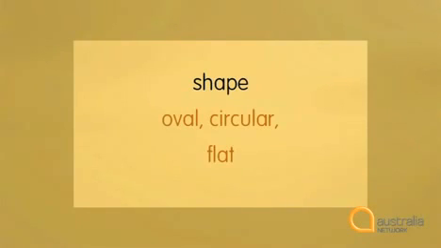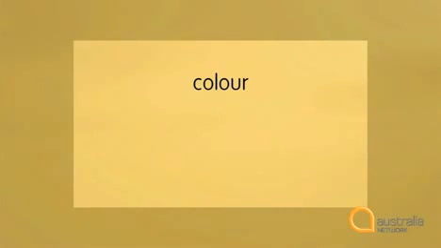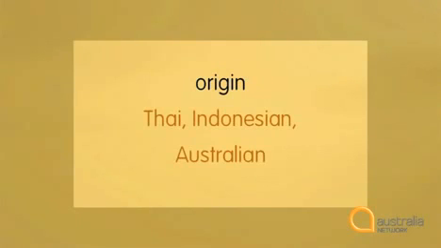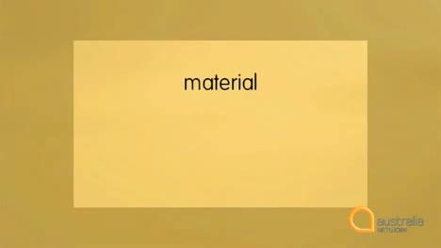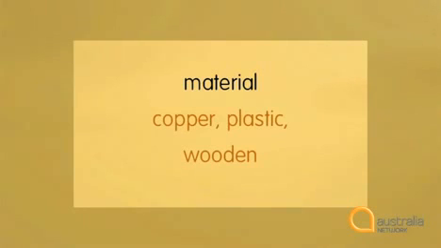Perhaps oval, circular or flat. A colour, like white, black or blue. Then we have adjectives that describe origin, where the noun is from. For example, Thai, Indonesian, Australian. Followed by material, what the thing is made of, like copper, plastic or wooden.